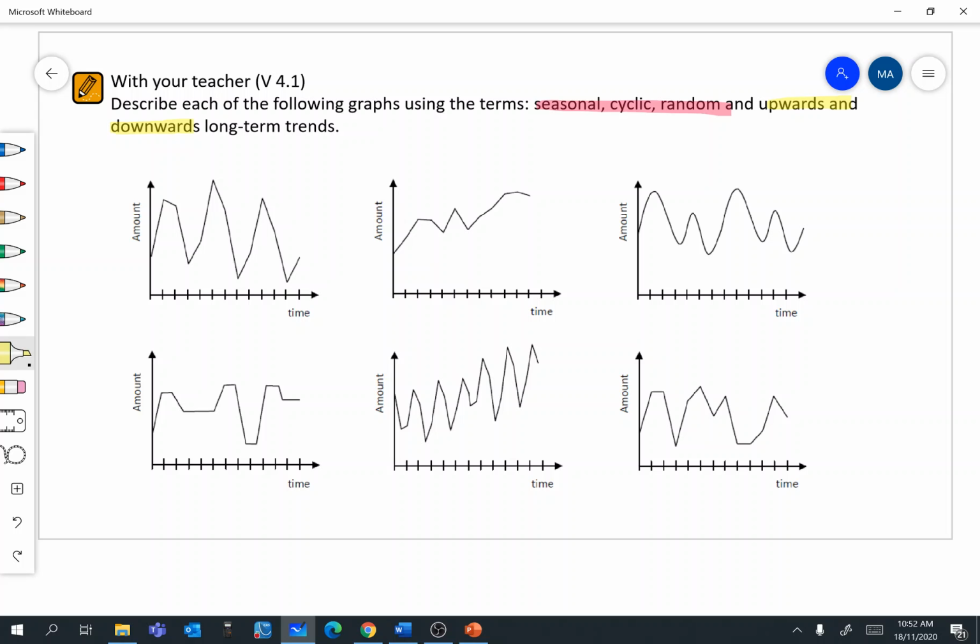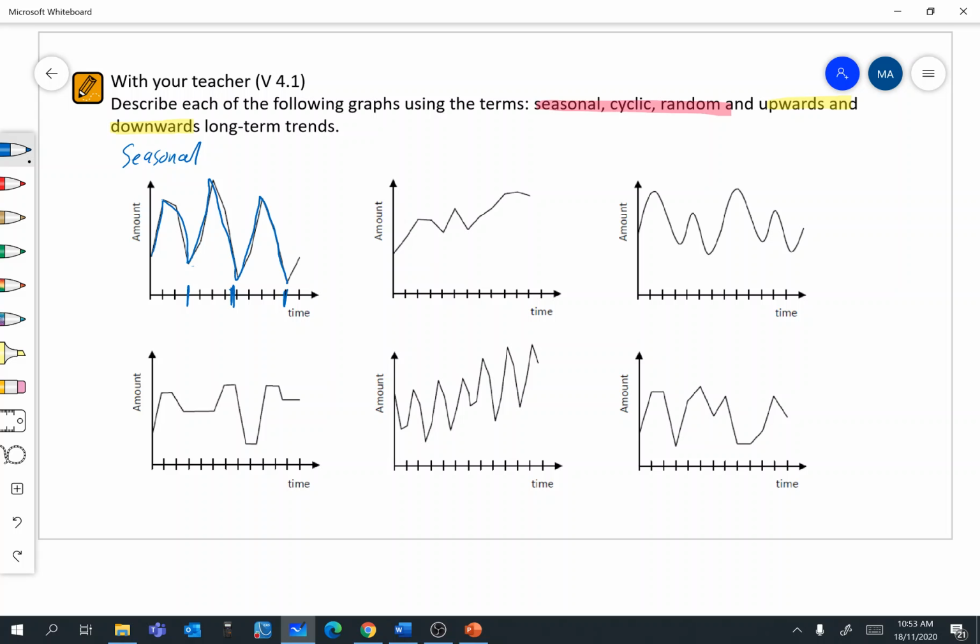Okay, so I'm going to go through these now and identify the time series trends. This first graph here in the top left is a seasonal pattern. We can see this repeating pattern over time. This same shaped peak is happening over consistent time intervals.